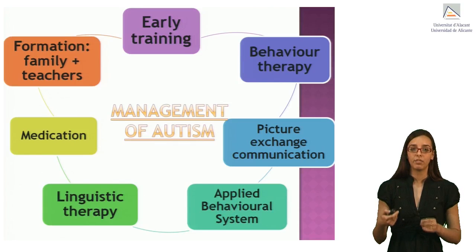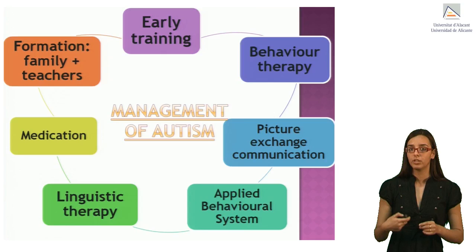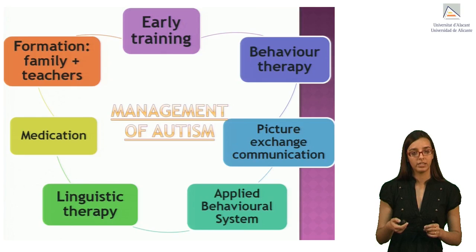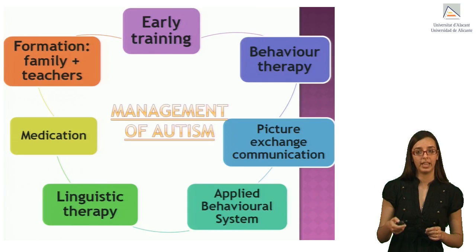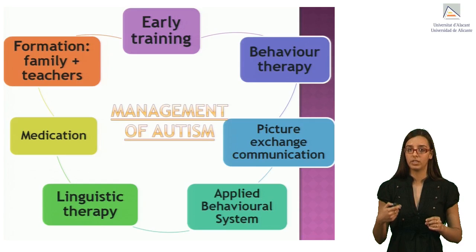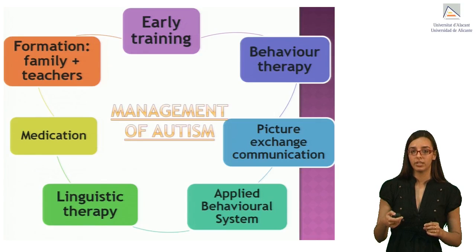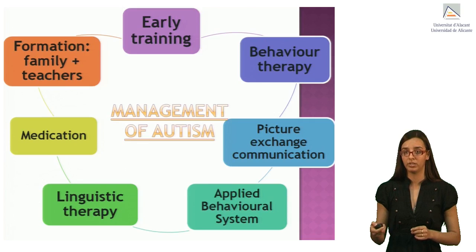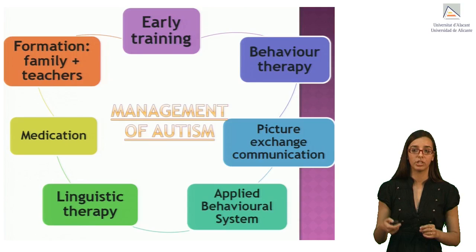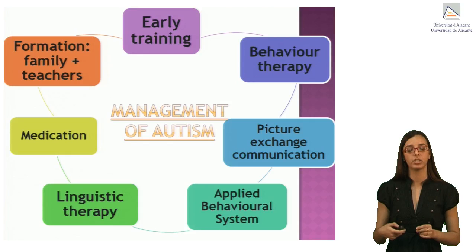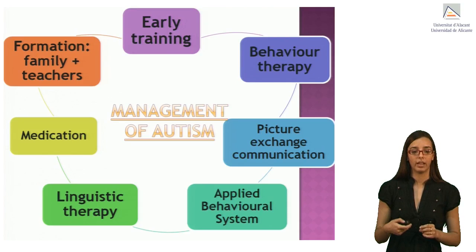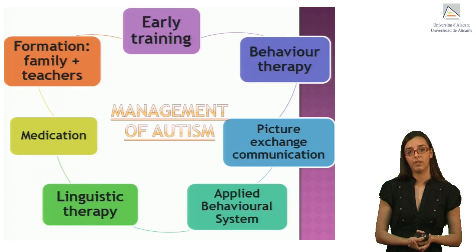There are several systems which are very well known to deal with autism, such as the picture exchange communication system, which consists of using pictures as a means to communicate with these children, or the applied behavioral system, which is also very famous, which consists of using rewards or consequences in exchange for interaction.